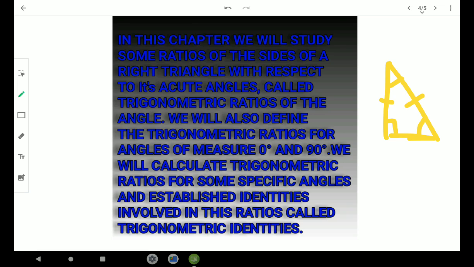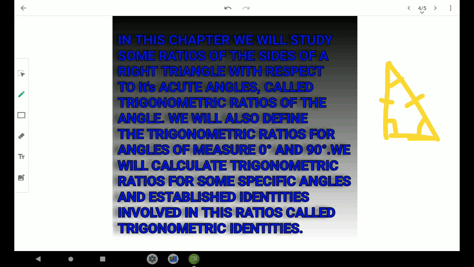We will also define the trigonometric ratios of angles of measure 0 and 90 degrees, and in between, 30, 45, 60. We will calculate trigonometric ratios for some specific angles and establish identities involved in these ratios, called trigonometric identities. I have also uploaded a video on trigonometric identities. You can see those videos also. They are very interesting and knowledgeable.